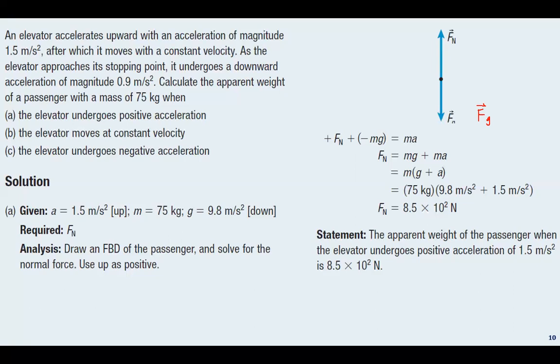So that is 6.7 times 10 raised to the power of 2 newtons. So the apparent weight of the passenger when the elevator undergoes negative acceleration of 0.9 meters per second per second is approximately 6.7 times 10 raised to the power of 2 newtons.